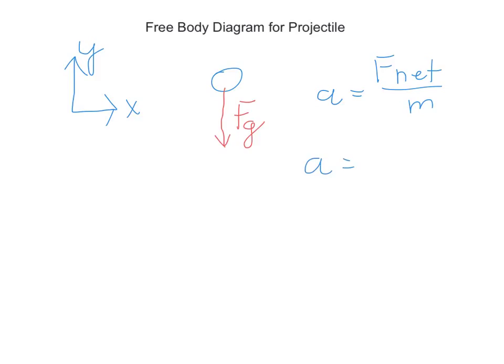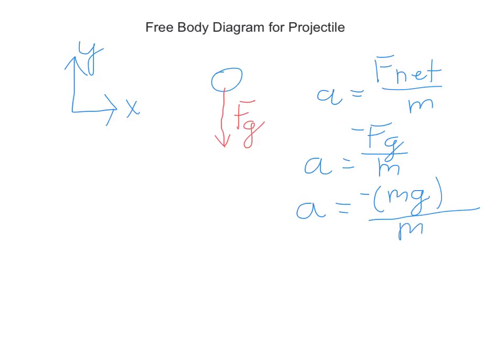So if I plug in for F net, that would be just the gravitational force. And looking at my coordinate system, really this gravitational force is pointing in the negative y direction. So I'm going to make this a negative Fg. Next, we can do a substitution for Fg, because Fg is the mass in question, times little g, the acceleration due to gravity.